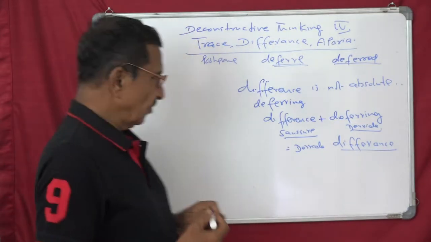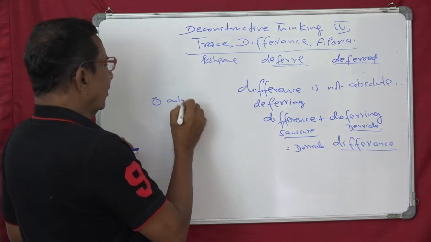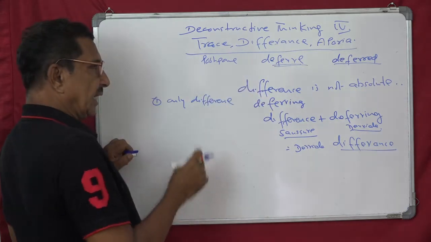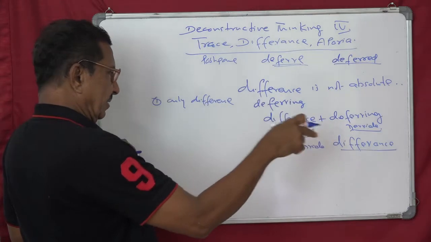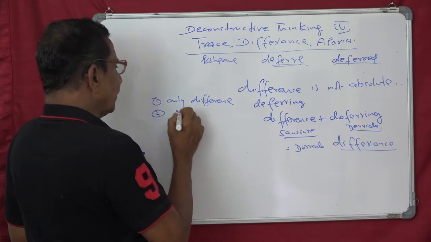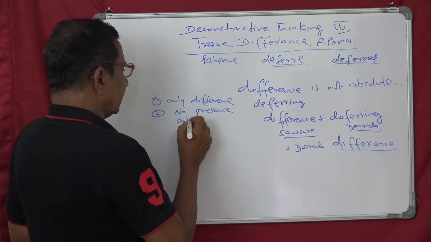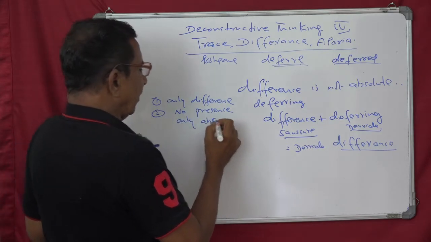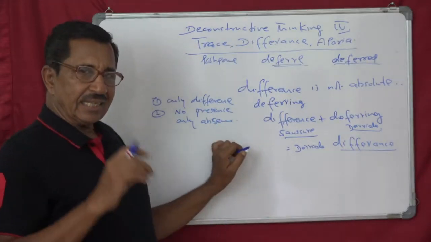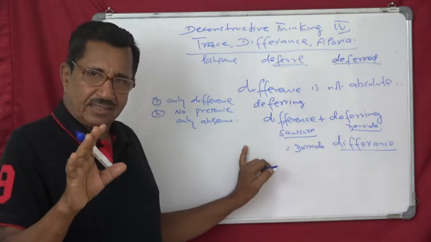What is it? First, in language there is only difference. That we have explained. Cat is cat because it is not rat. Okay. Second, language has no presence, only absence. Now, what does that mean? That means in cat there is no cat. In the signifier cat, in the linguistic sign cat, there is no cat.